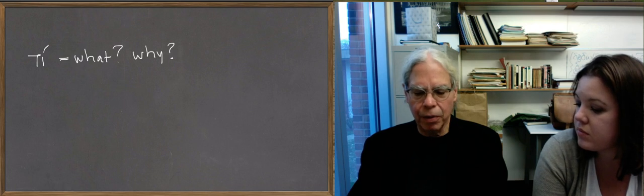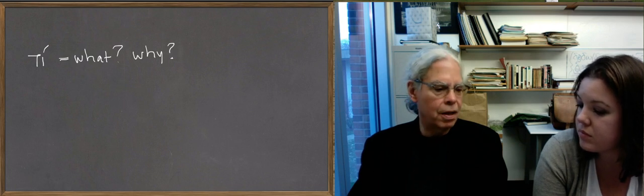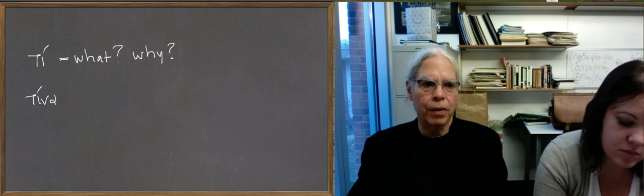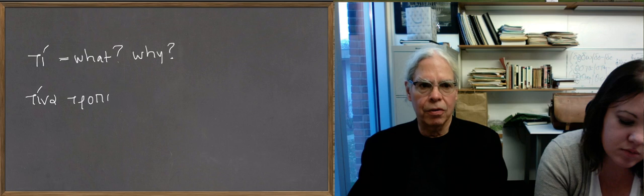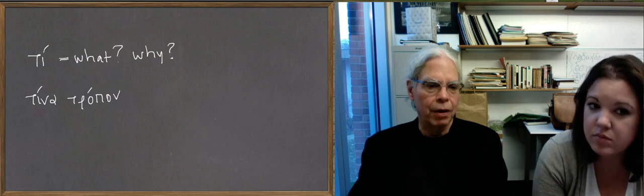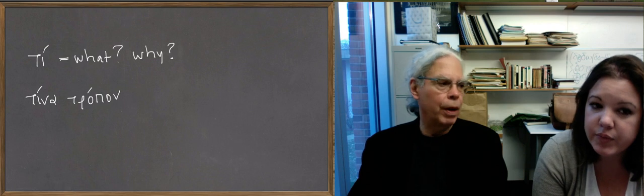The other examples in the book are the expression tina tropon. That's the word tropon for way, with the interrogative tis in front of it in the accusative case, and that means literally in what manner, with respect to what way.